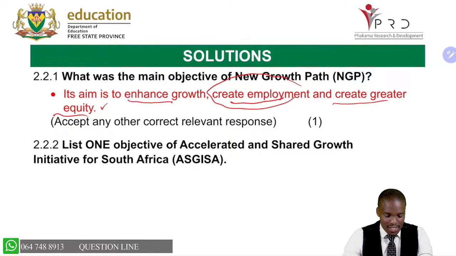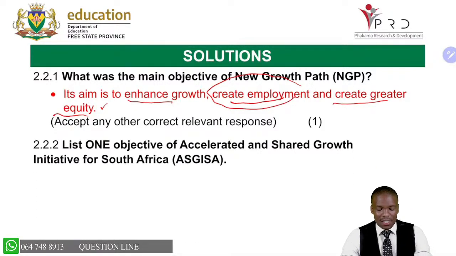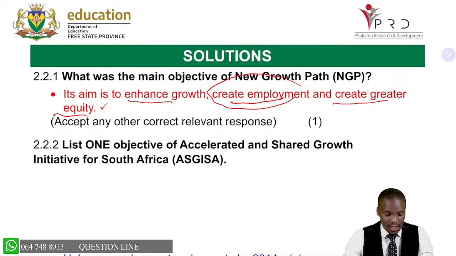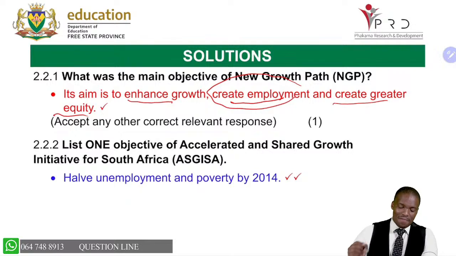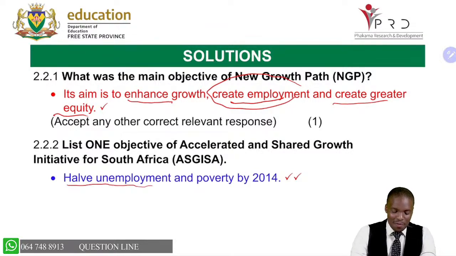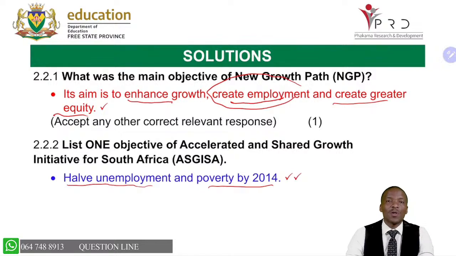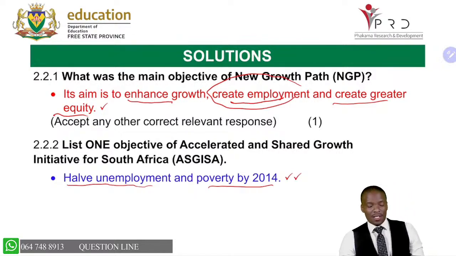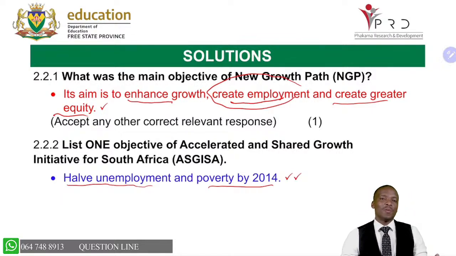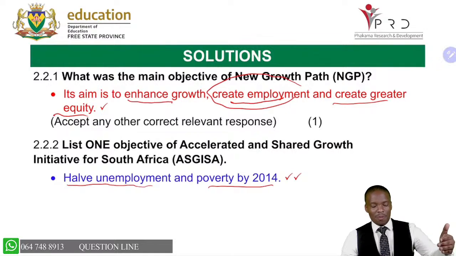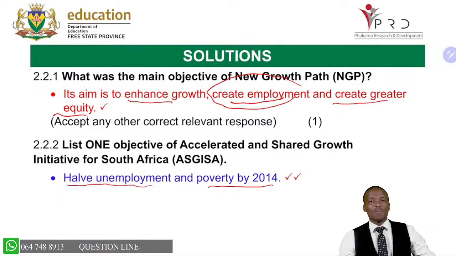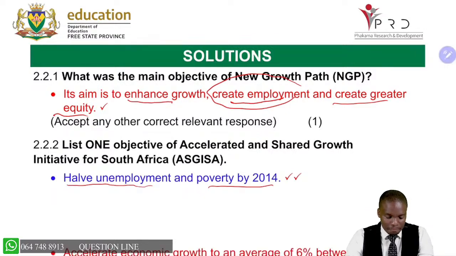Number 2 says, list one objective of the Accelerated and Shared Growth Initiative for South Africa, which is AsgiSA. The first one, we said, is to eliminate unemployment and poverty by 2014, or you could have said it is to create employment opportunities. When you create more employment opportunities, unemployment goes down.